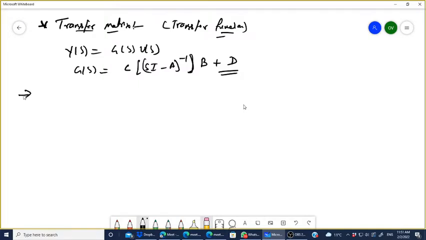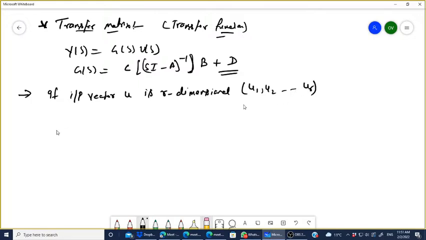So today I want to discuss, if your input vector u is, let's say, r dimensional, meaning we have u1, u2 up to ur, and the output vector y is, let's say, m dimensional, so you have y1, y2 up to ym.